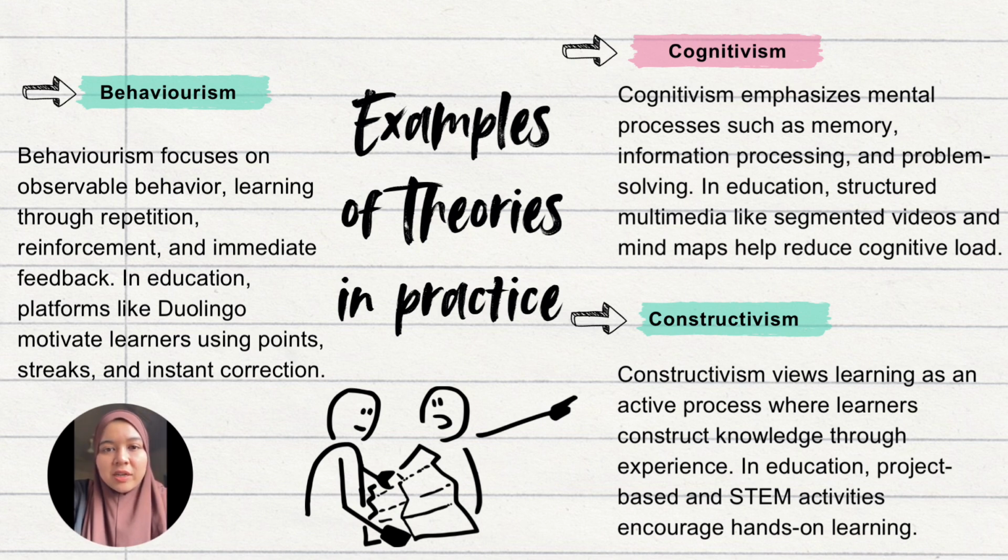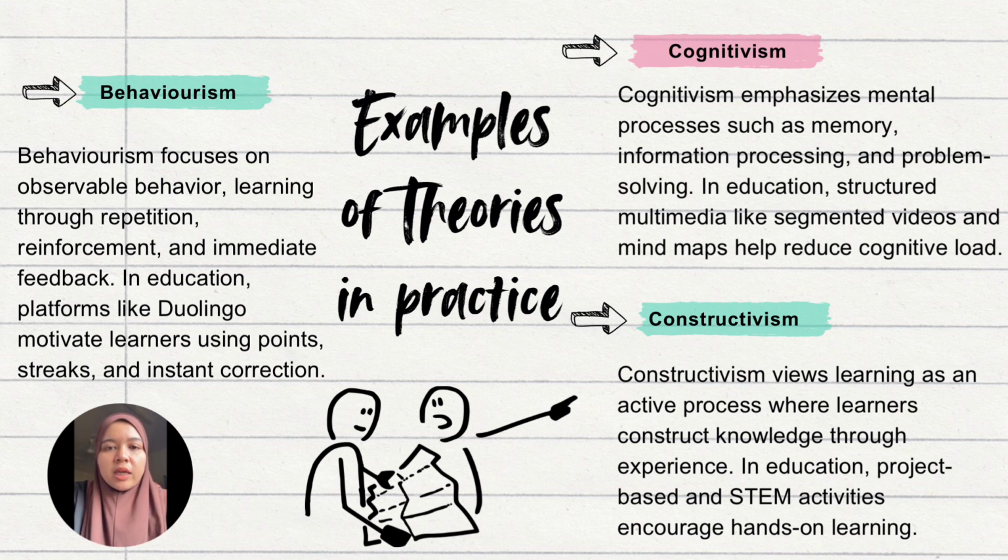The second theory is cognitivism, which emphasizes internal mental processes such as memory, information processing, and problem solving. In education, cognitive principles are applied through structured multimedia materials like segmented instructional videos and mind maps, which help reduce cognitive load and support understanding.